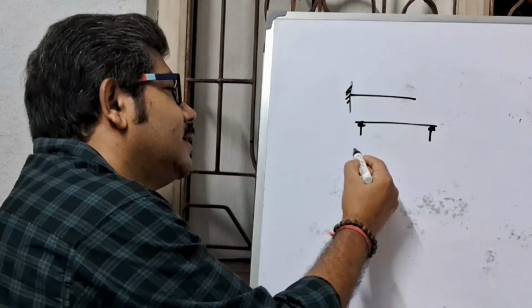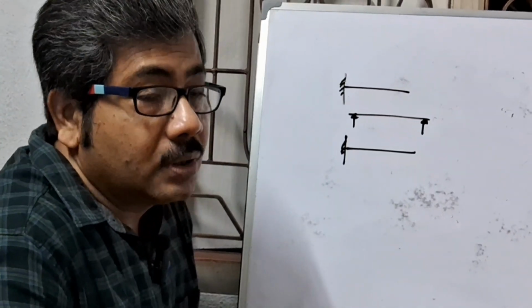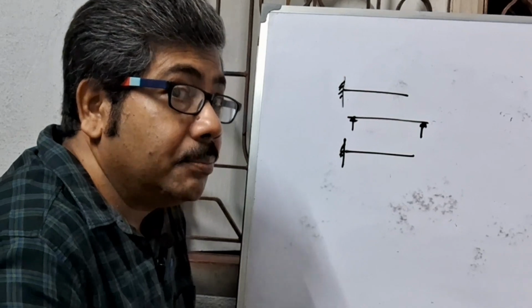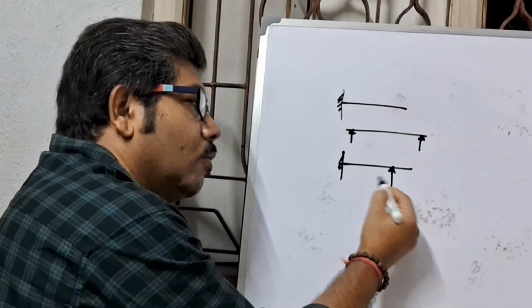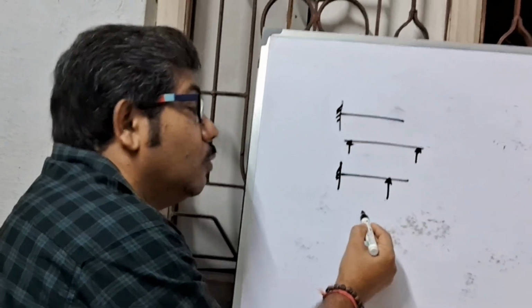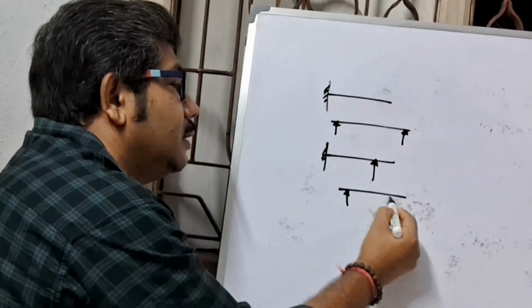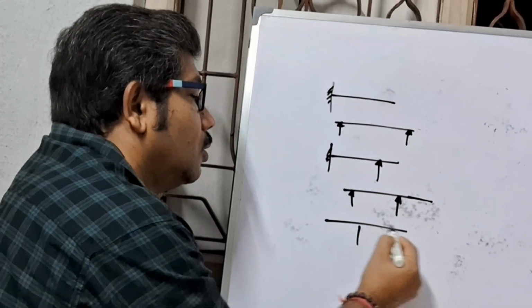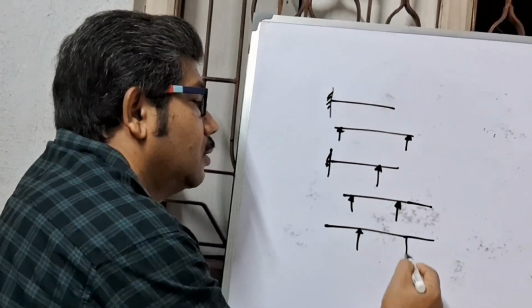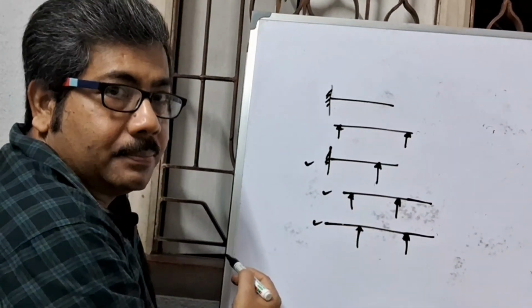Next, a beam fixed at one end and having the end portion extended in the form of a cantilever beyond the support, or overhanged at one side or both sides. This is called overhanging beam.